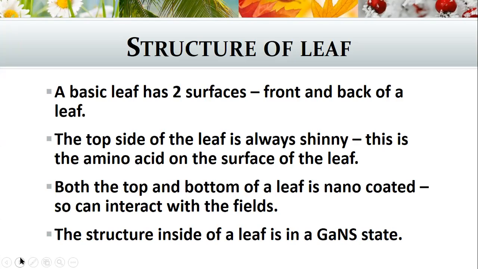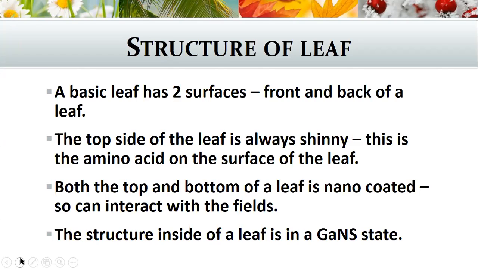Now, both the top and bottom of a leaf is nano-coated, and essentially the whole plant has a nano-coated layer, even your stems, so that every part of it is interacting with the fields.